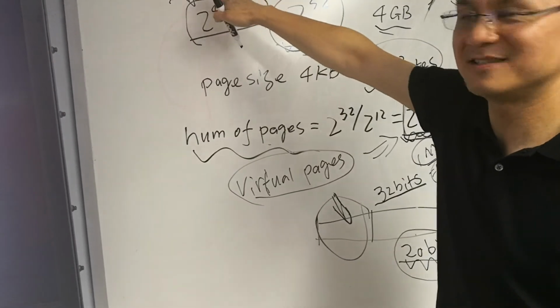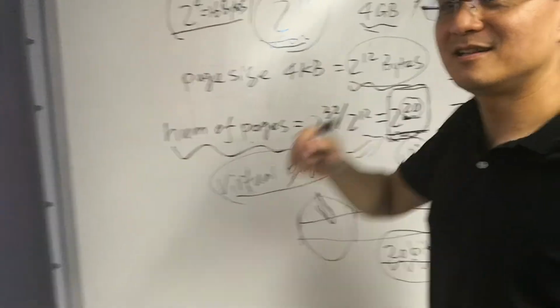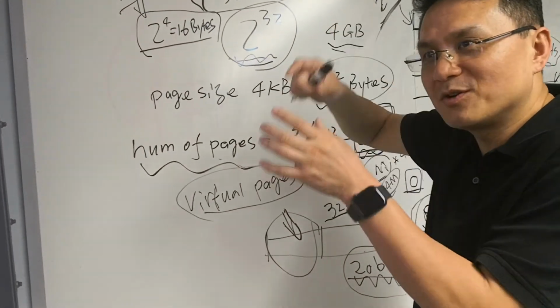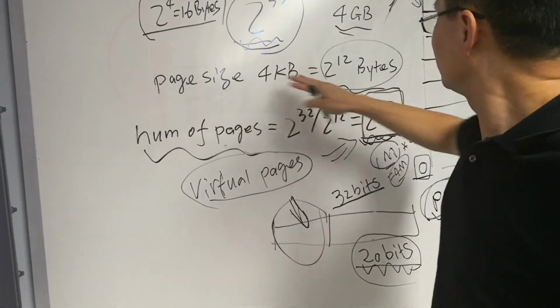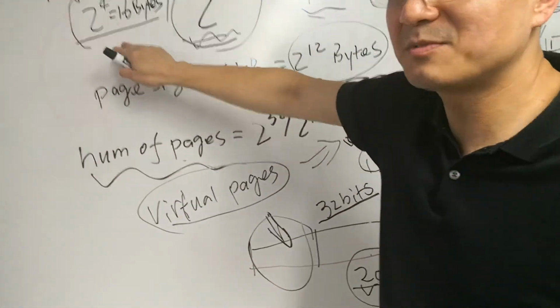The page size is the number of bytes in each frame or each virtual memory page. Normally the page size is 4 KB, but I can use a very small page size.